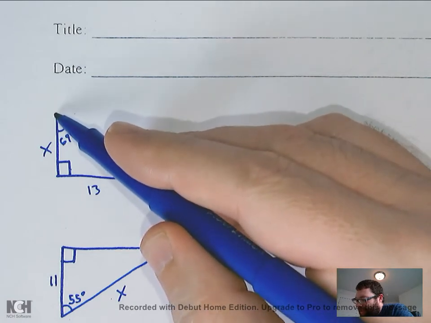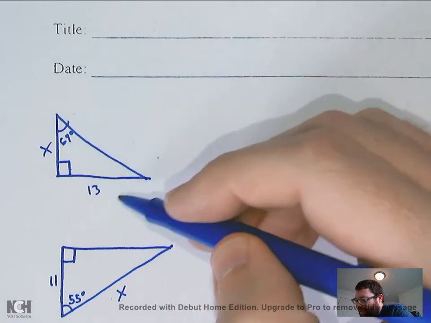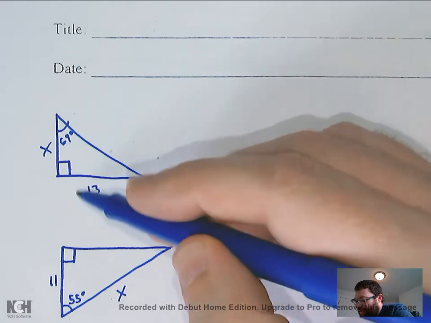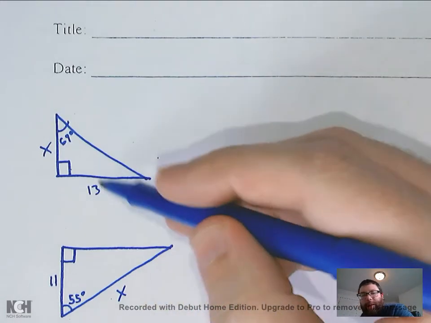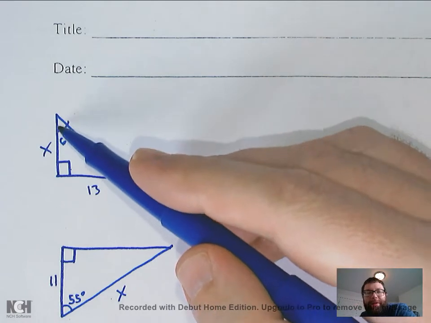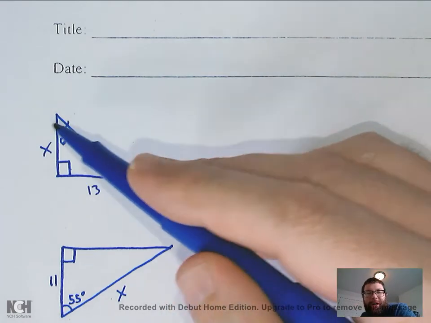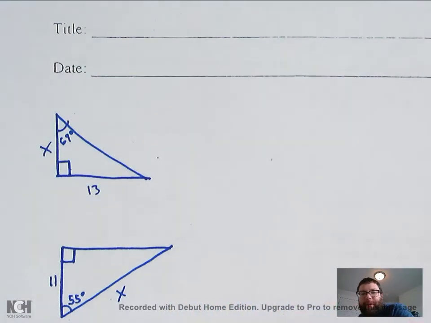The side next to that angle is going to be your adjacent, and the one that it doesn't touch is going to be the opposite. And then obviously the longest side is the hypotenuse, the side that's opposite the right angle.